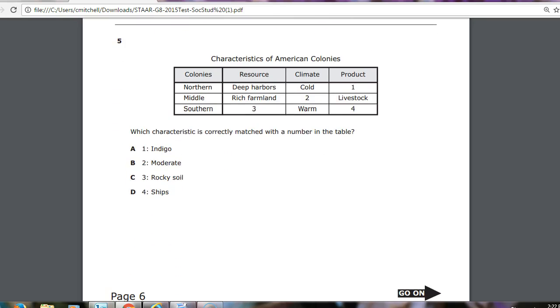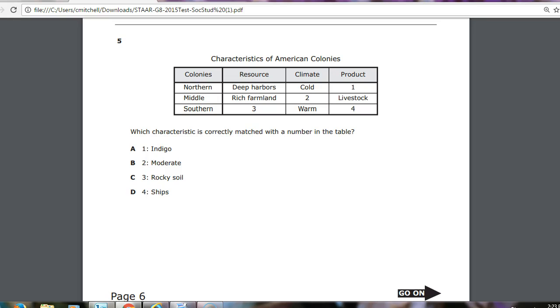Question number 5. Characteristics of American colonies. Colonies: Northern, Middle, Southern. Resource: deep harbors, rich farmland. 3. Climate: cold. 2.